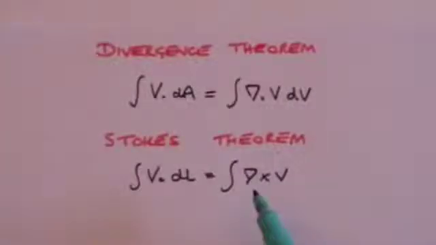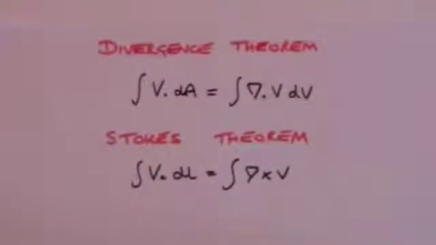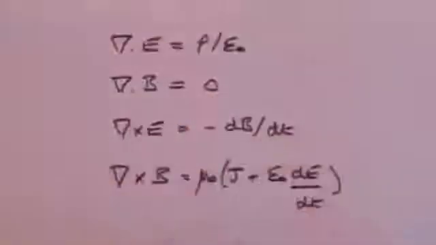Derivative types of vectors. So if we apply the divergence theorem and Stokes theorem to the integral form of Maxwell's equations, we get the differential form of Maxwell's equations, and there are the four that we shall be using during the course of this series on electromagnetic radiation.